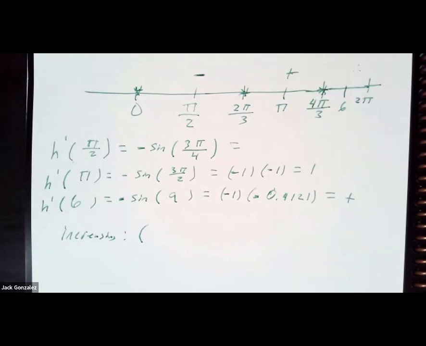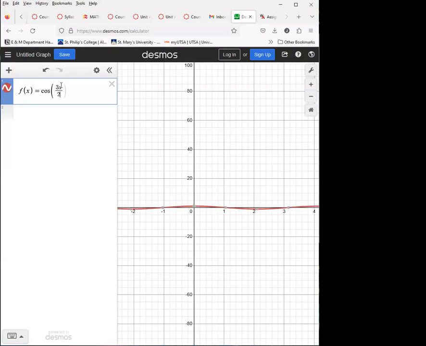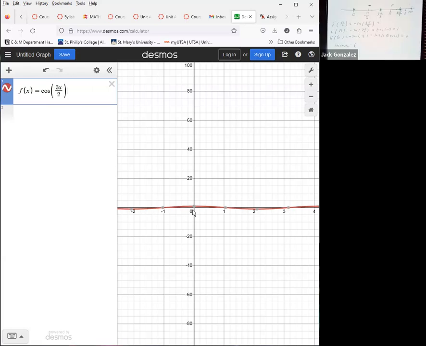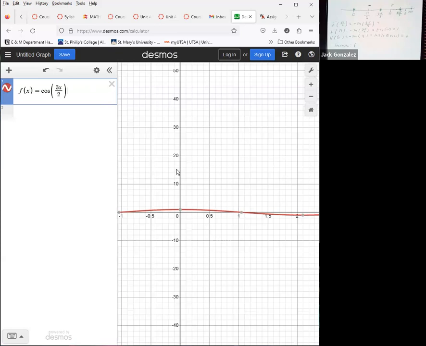Well, let's graph the thing. It's a weird question. I know. That's okay. You won't have anything like this on the test. It's more of a homework question.